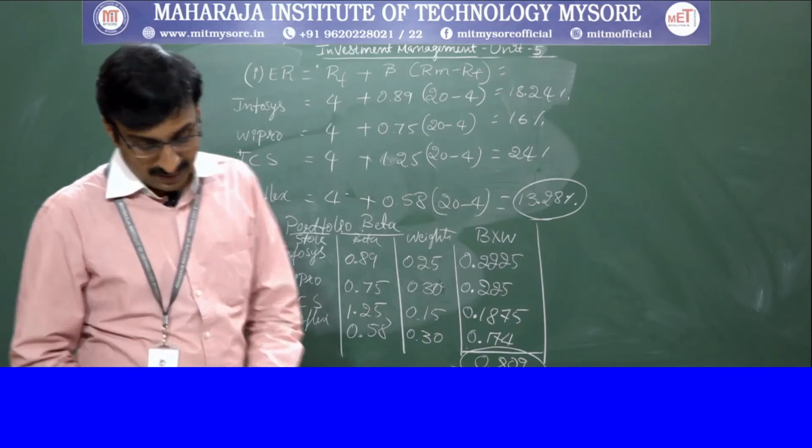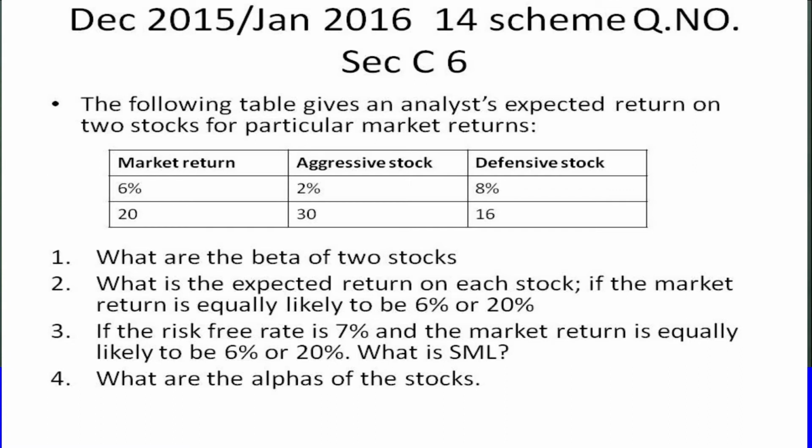Next, moving on to the next question, most important from the point of view of your exam, from the question paper December 15, Jan 16, 14 scheme, section C, question number 7.